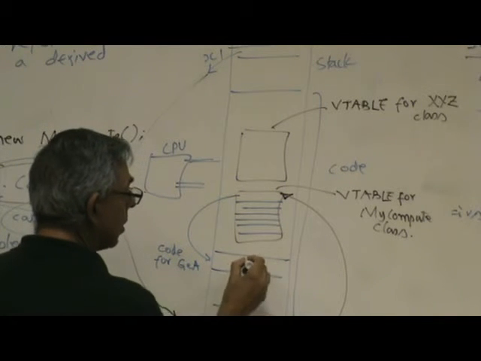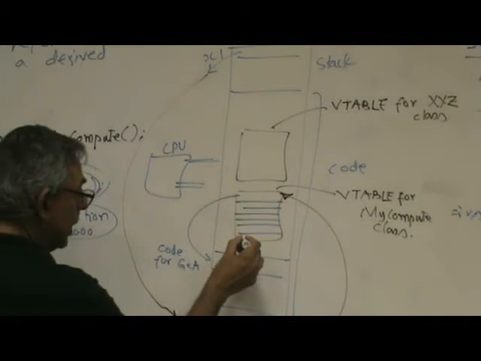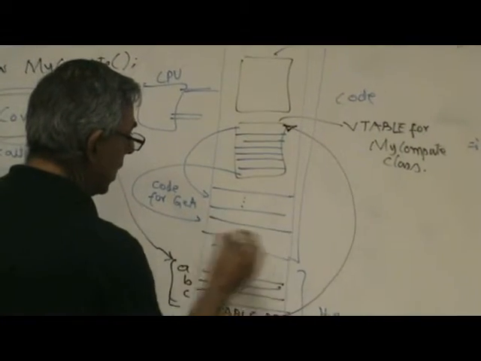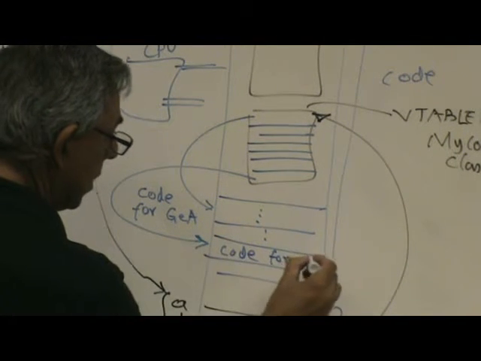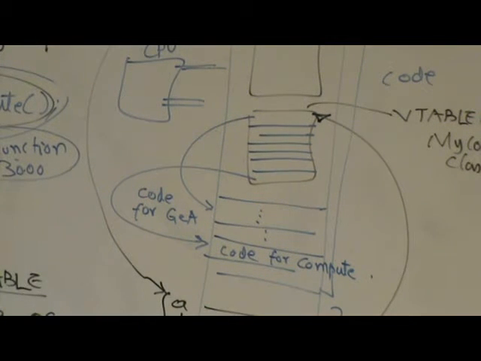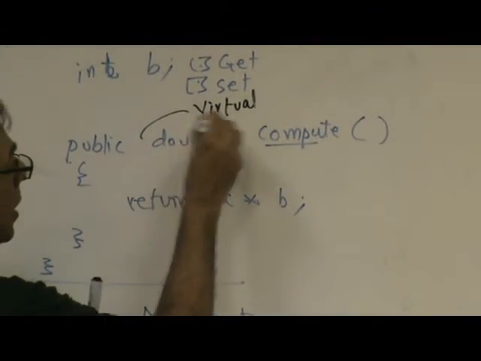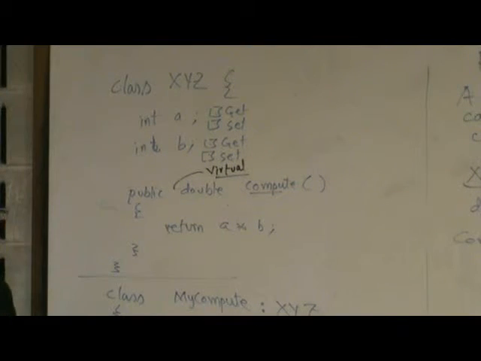So whatever the actual compiled code is, right? Very similarly, the last entry over here will be the code for compute. Okay, so vtable is only generated if a class has at least one function that is marked virtual. If there was a class where we did not have any virtual keyword marked, vtable will not be generated.